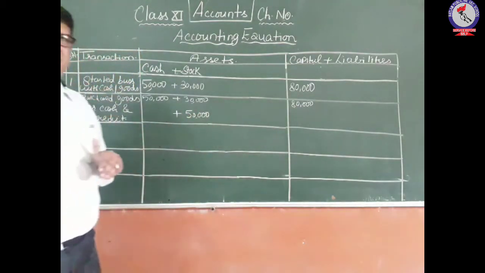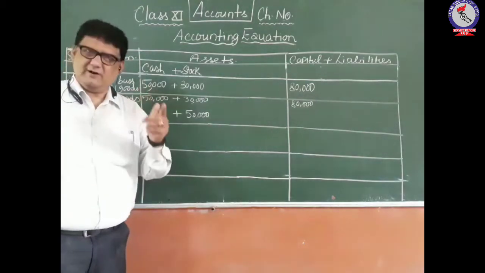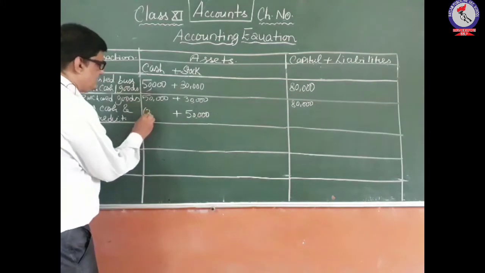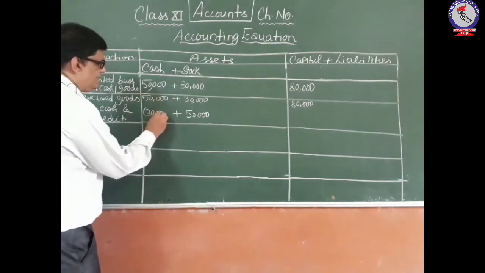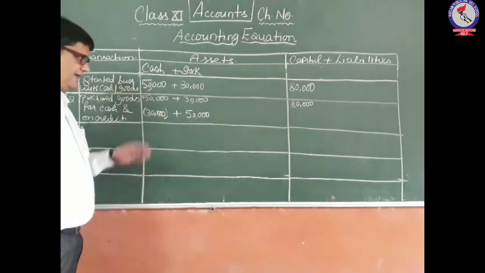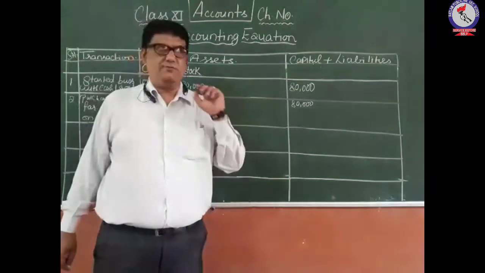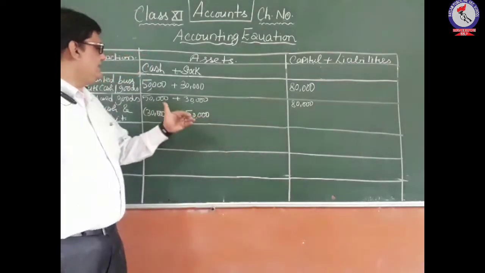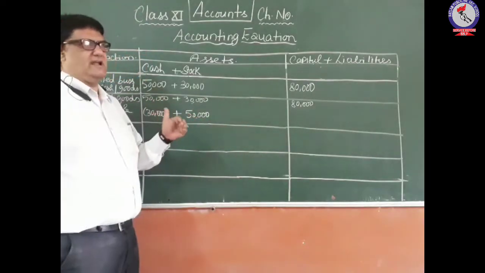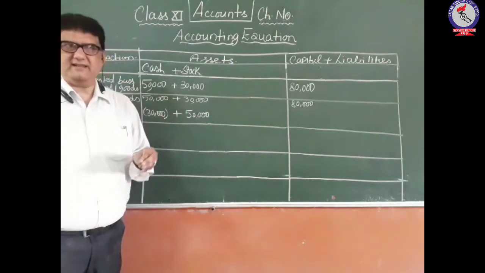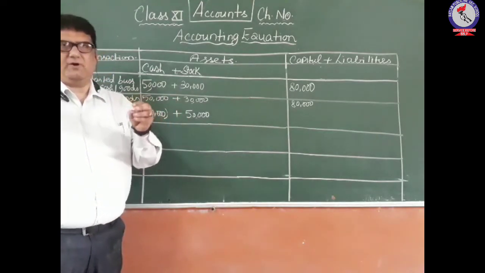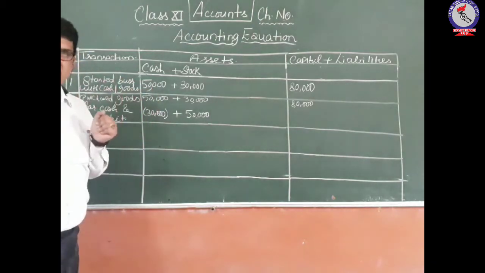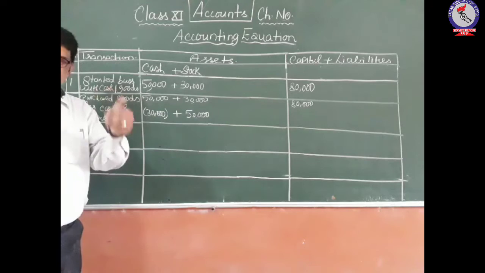Then it is said that out of this, 30,000 you have paid. So your cash will decrease by 30,000 in this event. And 20,000 rupees are still to be paid by you. That means that amount is outstanding in the name of one particular person, Karan, to whom you have to pay that money. So he is your creditor.